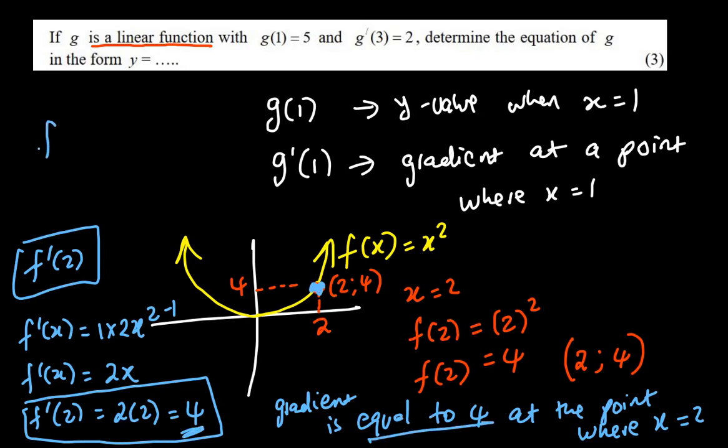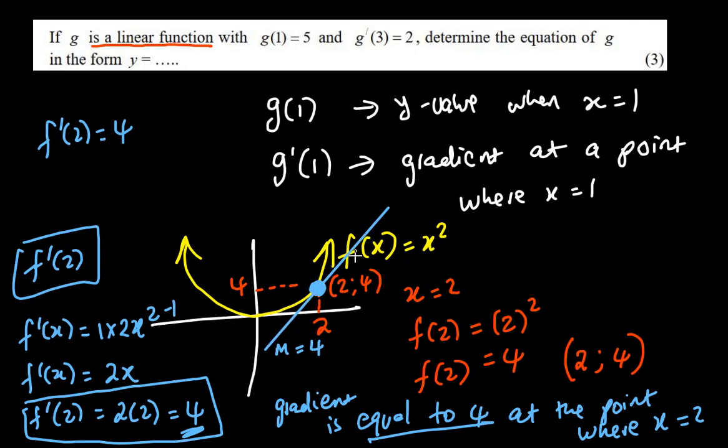So it tells you that f prime of 2 is equal to 4 means the gradient is 4 at x is equal to 2. If we were to look at this point here, it means here the gradient is 4. So what does it mean? If you were to draw a straight line that passes through that point, that straight line is going to have a gradient that is equal to 4, and that gradient is positive, isn't it?